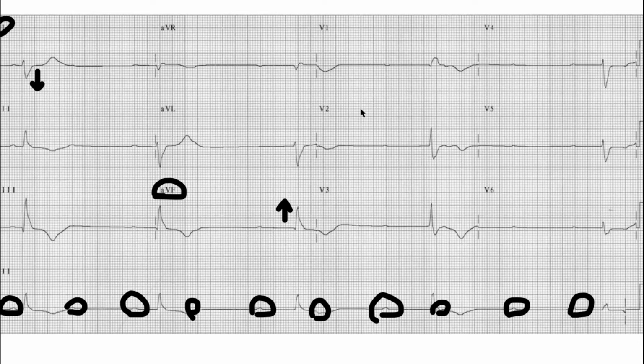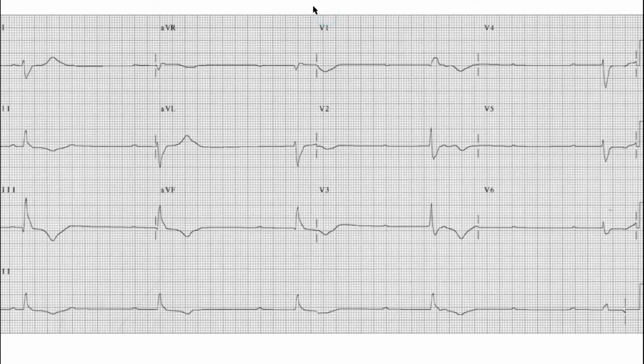To differentiate between different types of heart block, we should look at the PR interval. As you know very well, in case of first degree AV block, the PR interval is constant and prolonged. But here we can see that some of the PR intervals are short while some are prolonged.